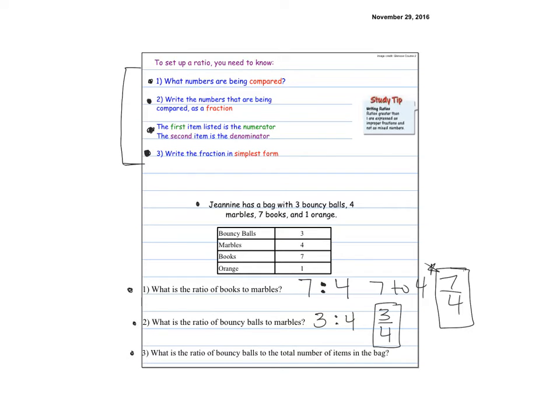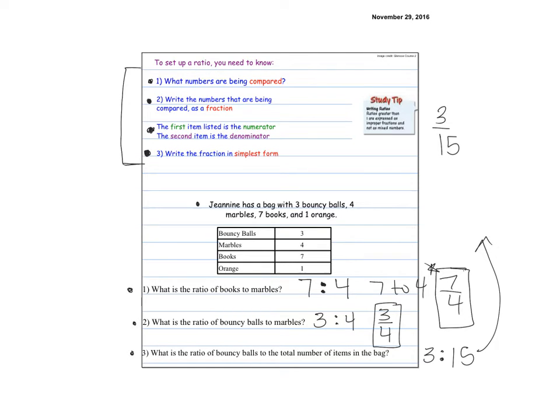What is the ratio of bouncy balls to the total number of items in the bag? There's 3 bouncy balls, and then we add everything in the bag. So 3 plus 4 is 7, plus 7 is 14, plus 1 is 15. I'm going to write this as a fraction, so I'm going to go up here so I have more room. 3 to 15.